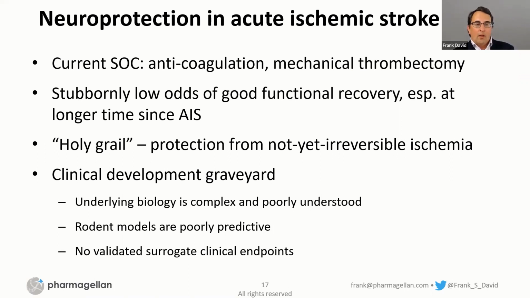One of the holy grails in this area for a long time has been what the field calls neuroprotection. If you imagine cutting off the blood flow to an area of the brain, you have some areas that might be irreversibly dead. They were already pretty far away from getting blood flow, and now they've just died off. Then you have some areas that are alive, and then you have this middle region, which you might call the at-risk region.